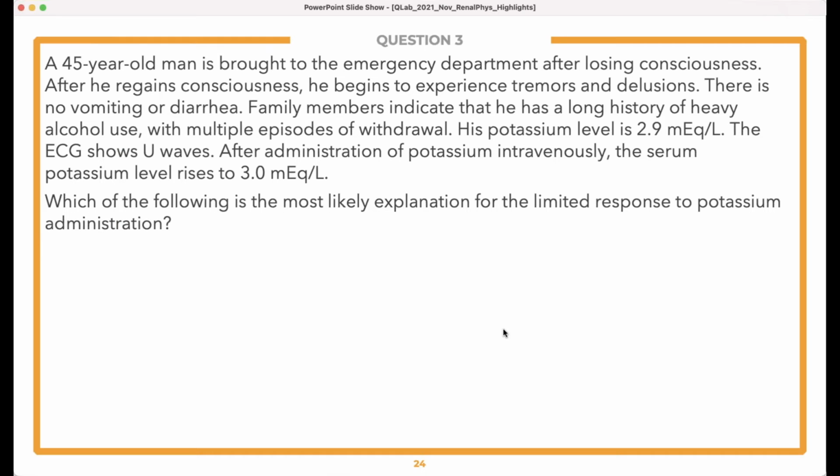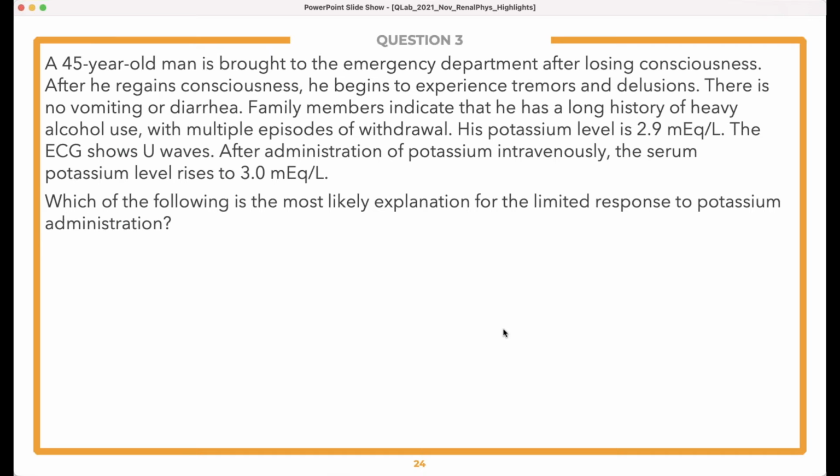A 45-year-old man is brought to the emergency department after losing consciousness. After he regains consciousness, he begins to experience tremors and delusions. There's no vomiting or diarrhea. Family members indicate that he has a long history of heavy alcohol use, with multiple episodes of withdrawal. His potassium level is 2.9.